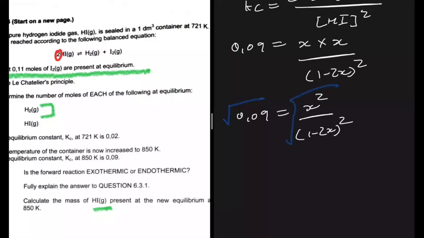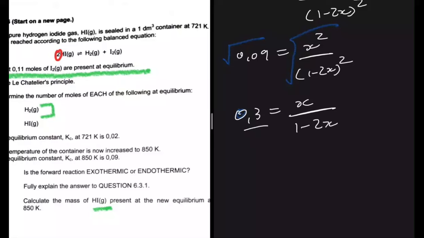So we can take the square root of 0.09, and on the right hand side the square root of this entire thing. What is the square root of 0.09? That is 0.3. So we have 0.3 equals the square root of x squared, that is x, and in the denominator we just have 1 minus 2x. And just like that, we don't have a square anymore, because if we kept the square there, we would have to solve a quadratic equation, which is something I'm not really looking forward to.